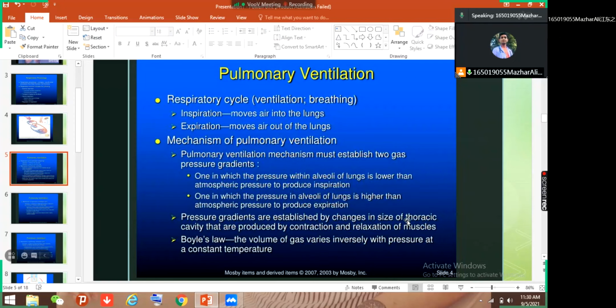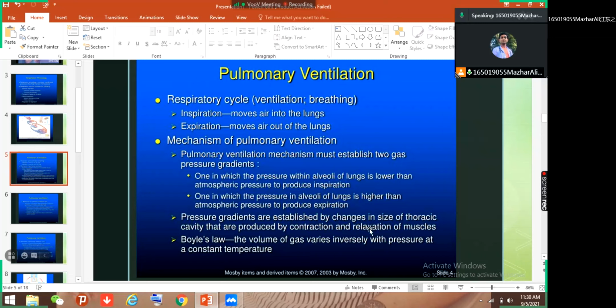Because the size of the thoracic cavity is changed due to contraction and relaxation of muscles like the external intercostal muscles and the diaphragm. When these muscles contract and relax, then ventilation happens. But without this contraction, ventilation will never happen.